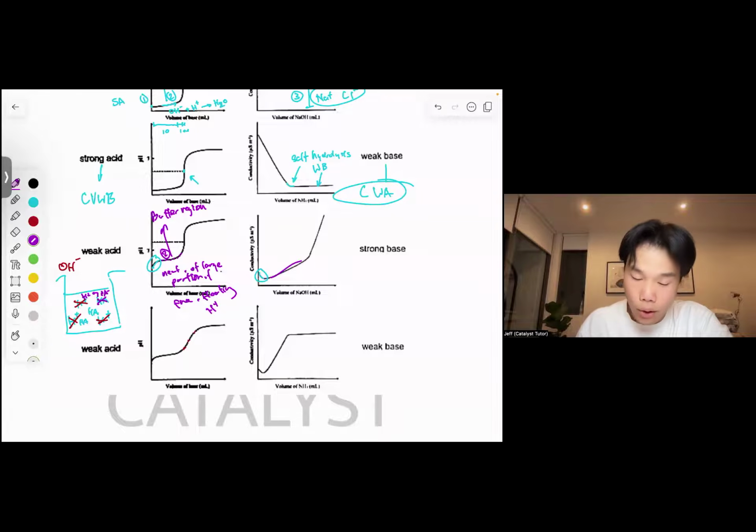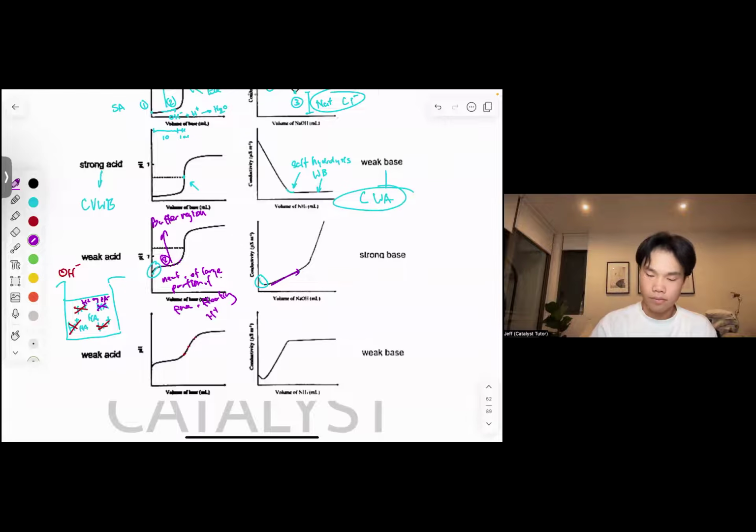Why on earth is conductivity increasing here? Why is it increasing? This is happening as you're neutralizing through the buffer.